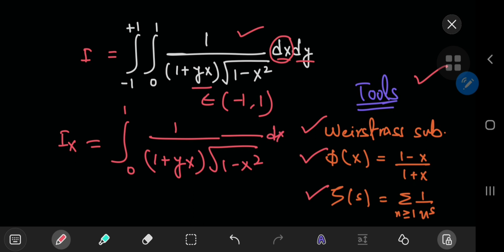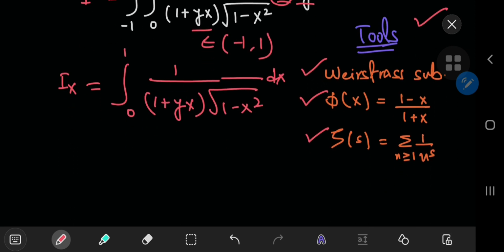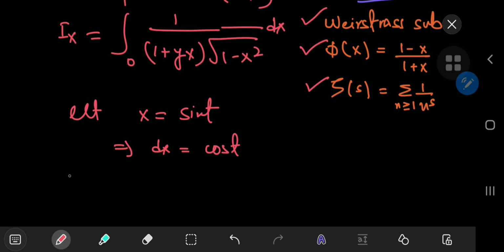So how exactly are we going to go about our business? First up, let me introduce a substitution, a fairly simple one. Let x equal the sine of t, which implies that dx equals the cosine of t dt. And how does this actually help? Well, this means that I sub x equals, now how do the limits transform? As x approaches 0, t must approach 0 as well, and as x approaches 1, t should approach pi by 2.